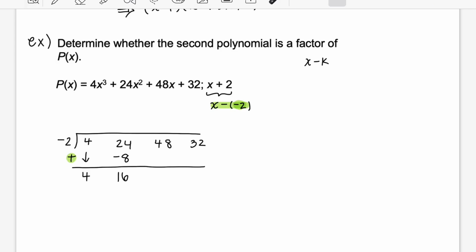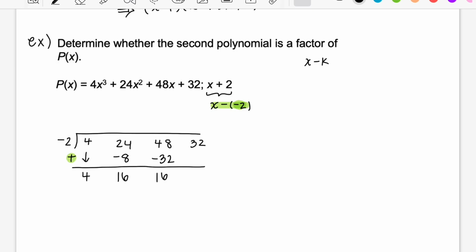The next thing we'll do is multiply this result by the constant in our divisor here. So 16 times negative 2, so we'll get negative 32 here. So we have 48 plus minus 32. This will give us, again, a positive 16.